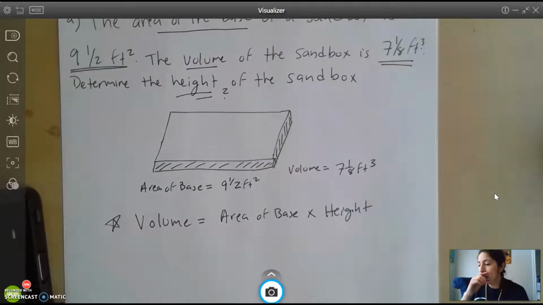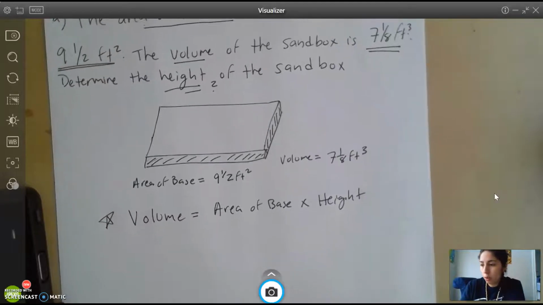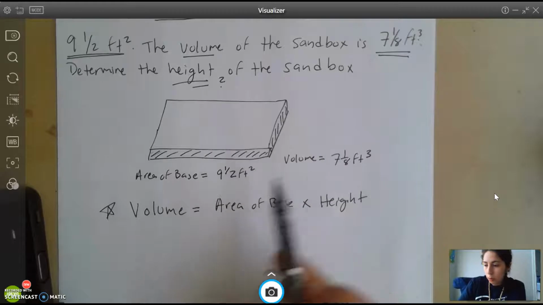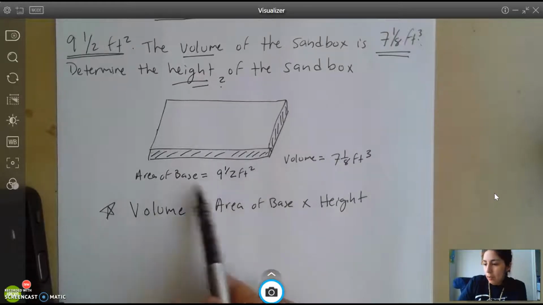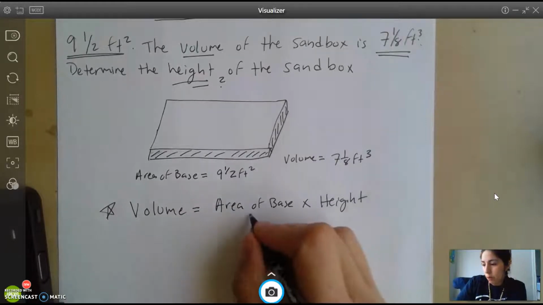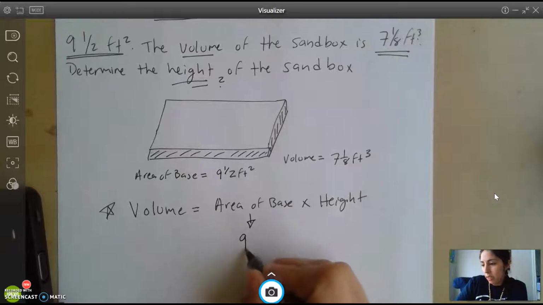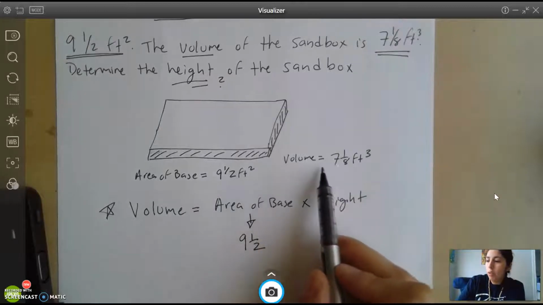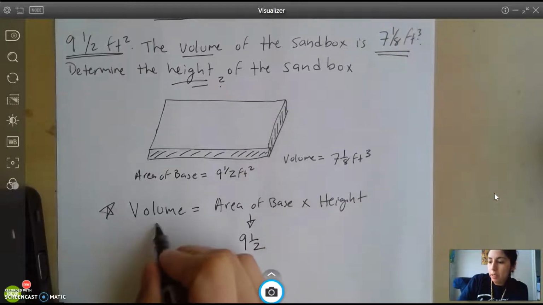All right, now let's go ahead and start writing our equation with measurements that we know. So from the problem, we know area of the base is 9.5 feet squared. Keeping my work organized, area of the base is 9.5. I also know that the volume is 7 1/8 feet cubed.